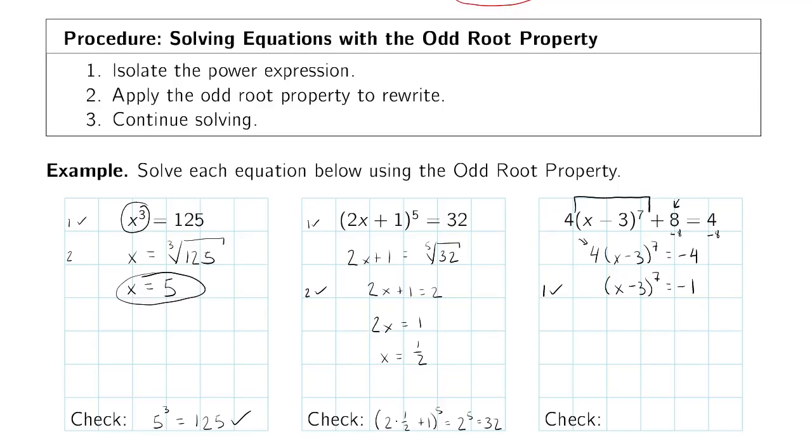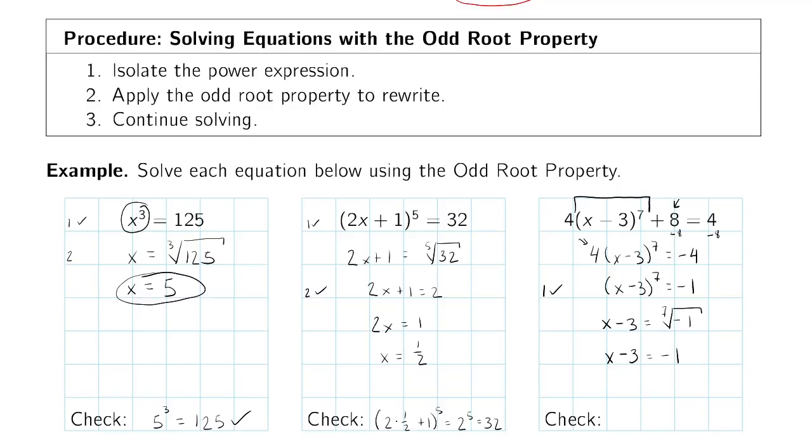our power expression. Now we want to apply the odd root property, rewriting x minus 3 to the 7th equals negative 1 as x minus 3 equals the 7th root of negative 1. Now the 7th root of negative 1 is just negative 1, because negative 1 to the 7th power is negative 1.